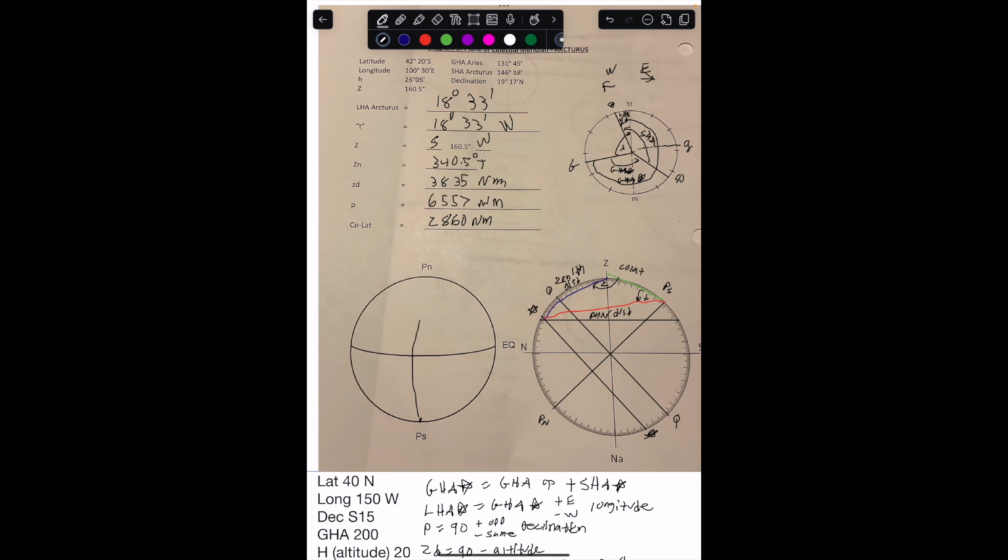So if we're east, that puts us over here in the southern hemisphere like that. And then we have that. So this, that, there's the GP, this is our AP, and that's the pole. Where this would be our zenith distance. This would be our colat. That's that.